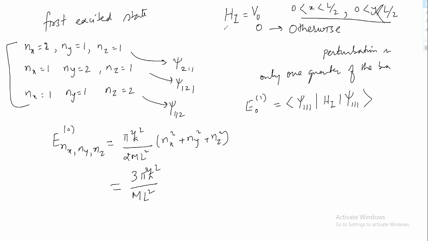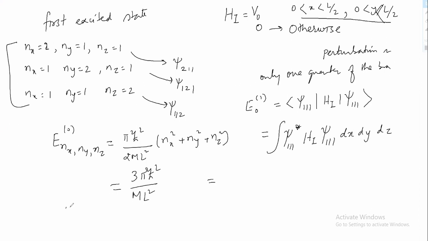the excited state. Therefore, if you notice, what is this ground state wave function? This is psi 1 1 star H' psi 1 1. This is a 3-dimensional infinite cubical well. Therefore, we have dx, dy as well as dz. And what is the wave function?